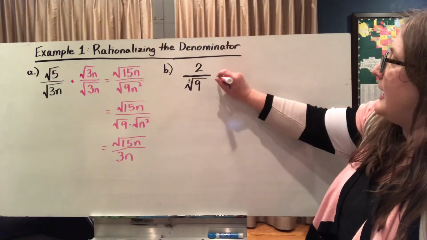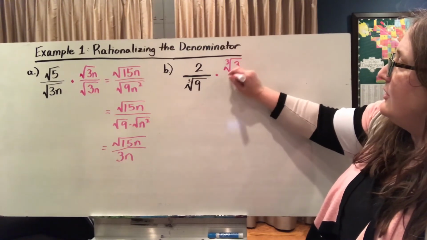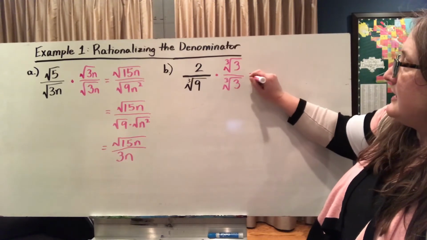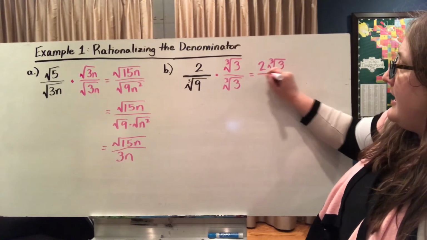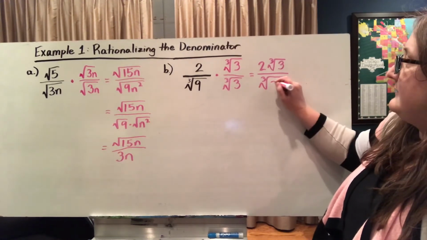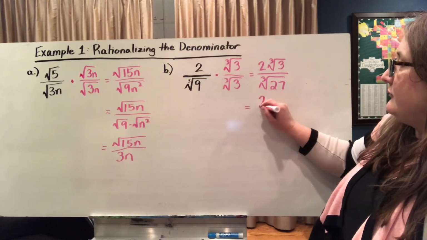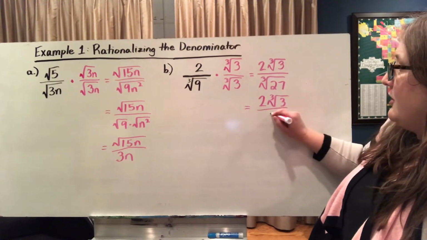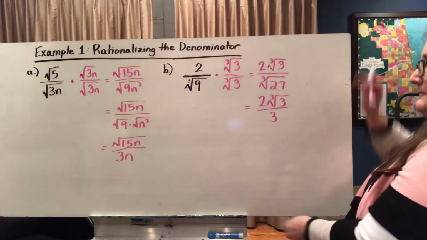So if I multiply by the cube root of 3 over the cube root of 3, I'm going to get 2 cube root 3 on top, and I'm going to get the cube root of 9 times 3, or 27, in my denominator. So now I'm going to have 2 cube root 3 on top over 3, because the cube root of 27 is 3.